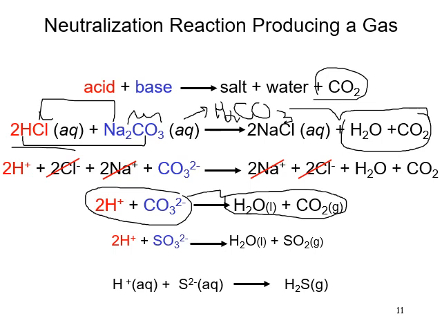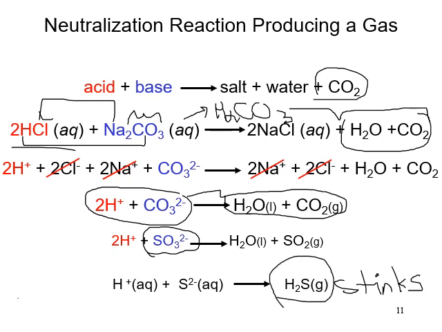There are some other acid-base reactions that can make gases, and one of them is if you have a sulfite in there instead of carbonate, you can make sulfur dioxide gas. If you have a sulfide and you have hydrogen, you can make hydrogen sulfide gas, and this really stinks. We do make this in one of our labs, and it's actually pretty toxic if you have too much of it.